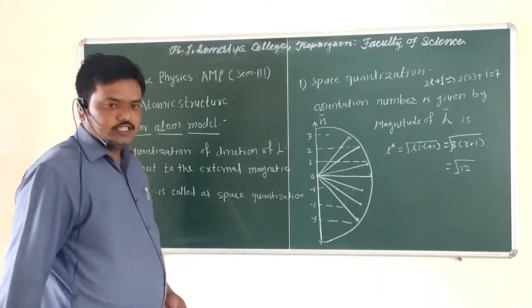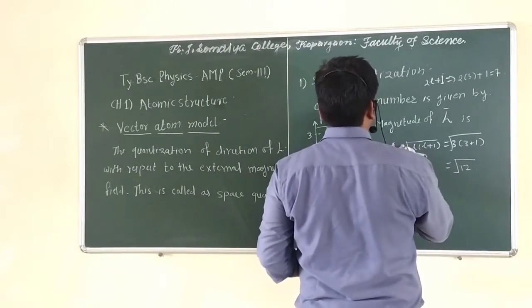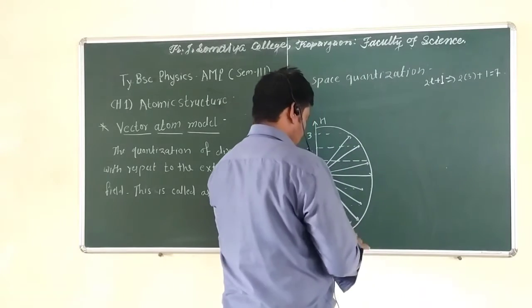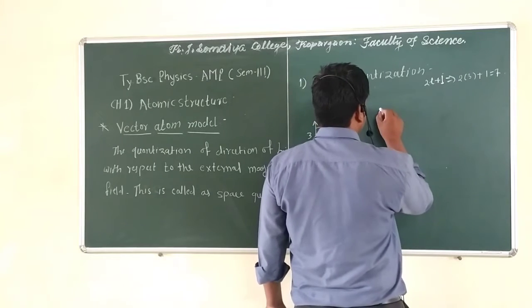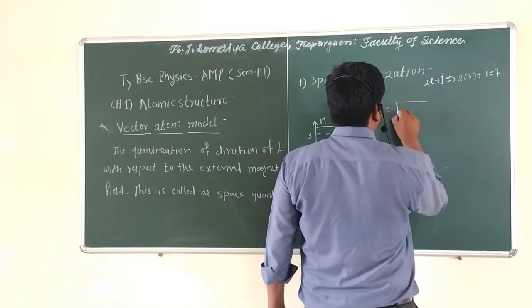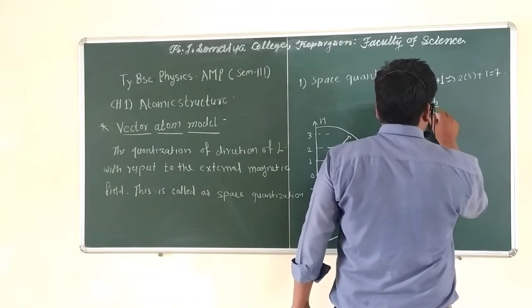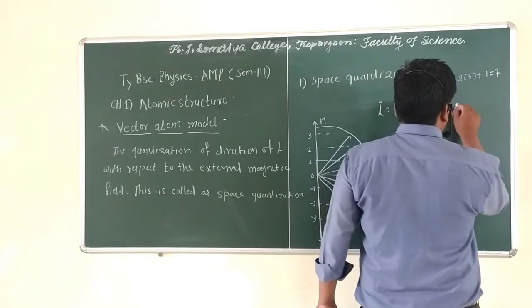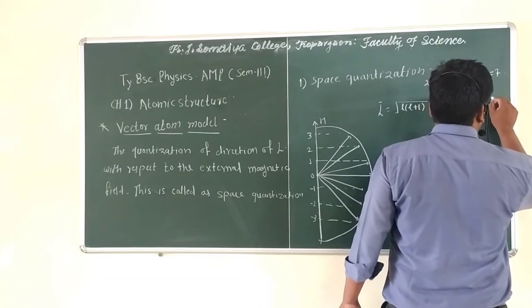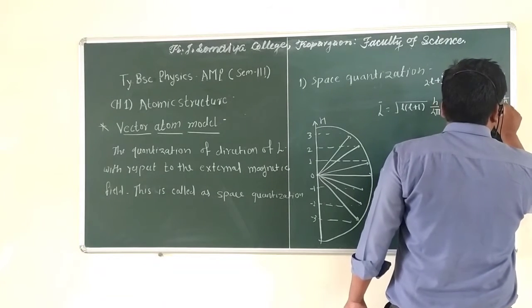Okay, and if we see roughly the idea here, what is the value of L bar and Lz considered. So for example, L is equal to 3, so L bar is equal to the square root of L into L plus 1 into h upon 2 pi, where h upon 2 pi is equal to h cross, correct?